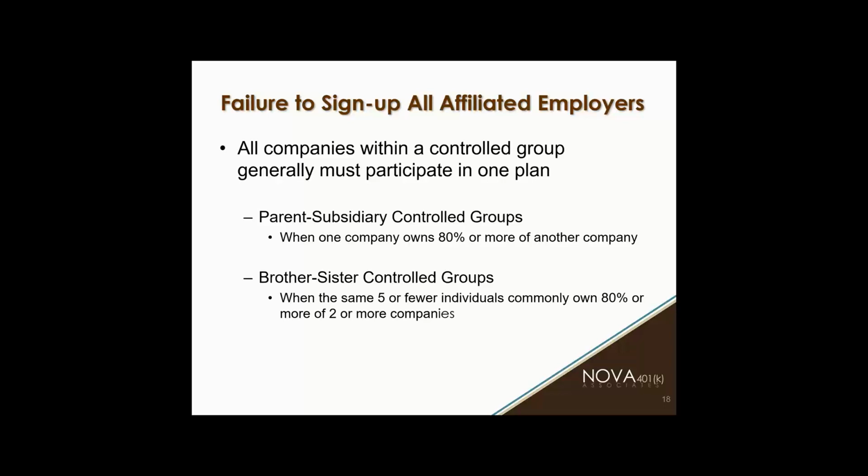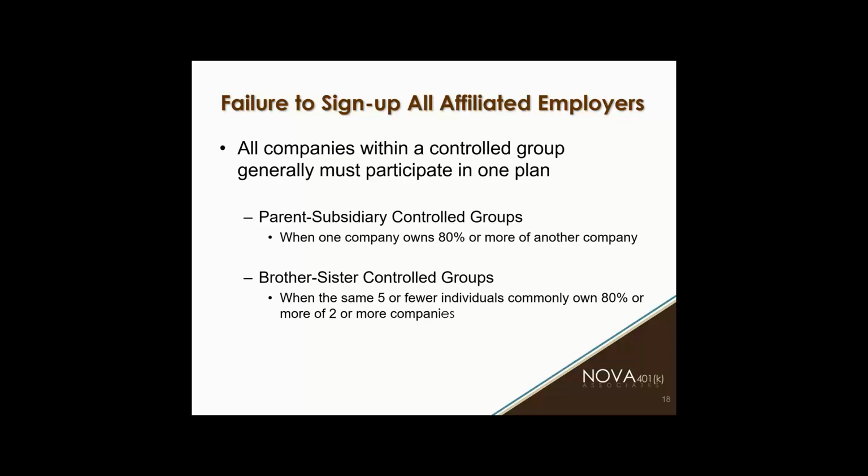If you have one company that owns at least 80% or more of another company, then the IRS views the 2 companies as just one for plan purposes. And you're really not permitted to exclude more than about 30% of your total employees from a plan. So it would be problematic, obviously, if you have one company participating in the plan and you haven't included the other one and you're part of a control group.